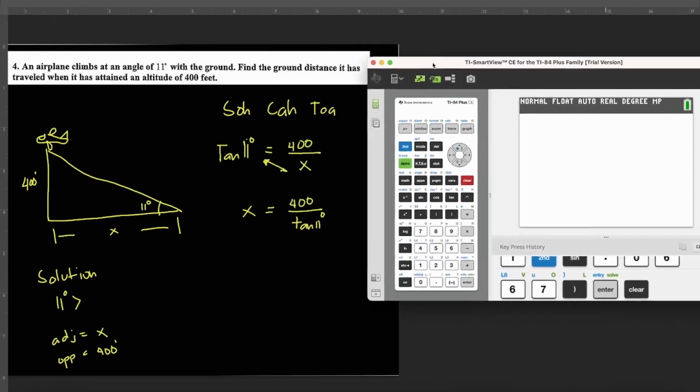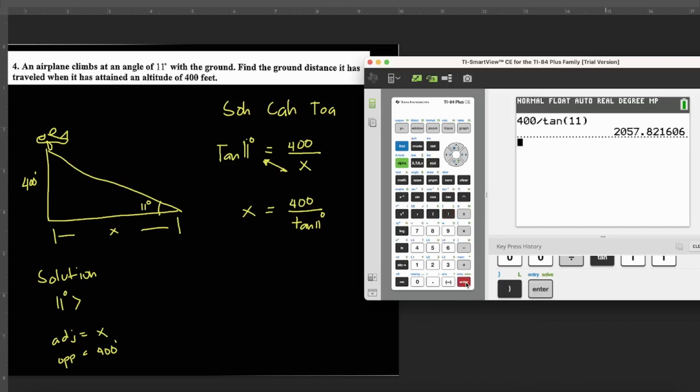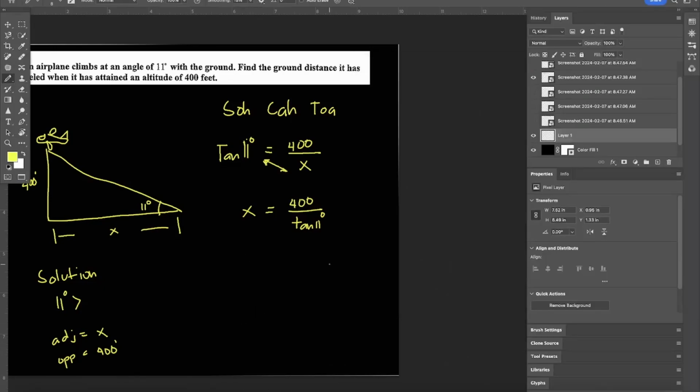So let us now do that on our calculator. That will give us 400 divided by tangent 11 degrees. That's going to give us an answer of 2057.82 feet. So we can say now that our total distance traveled is 2057.82 feet.